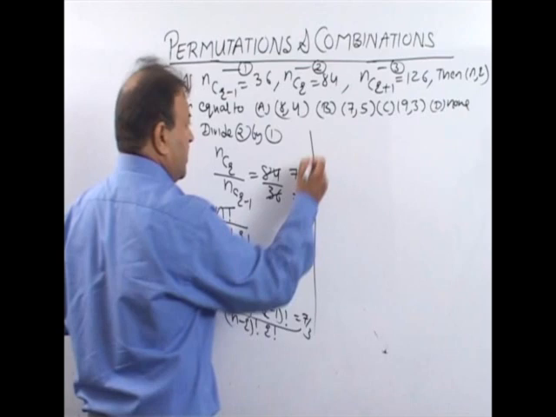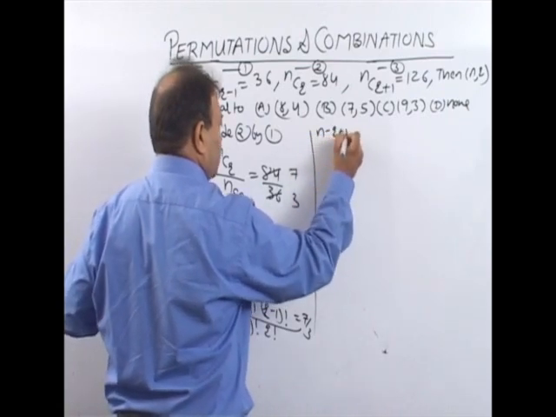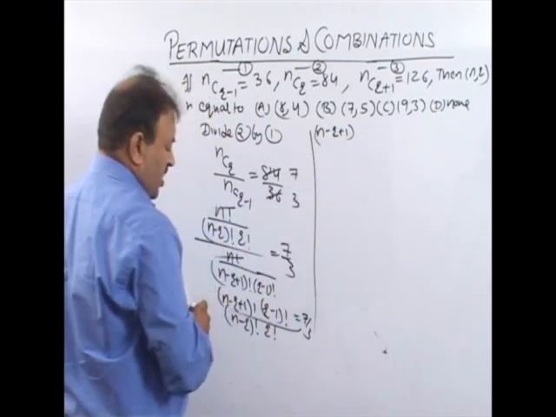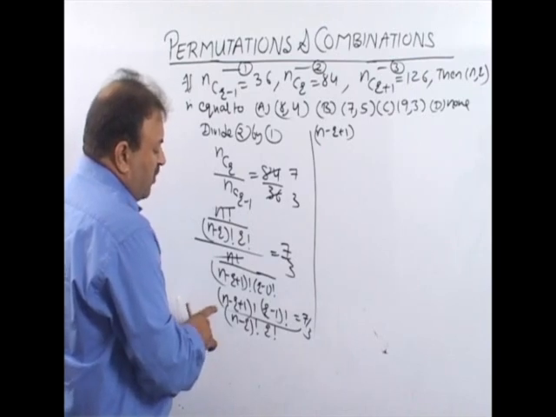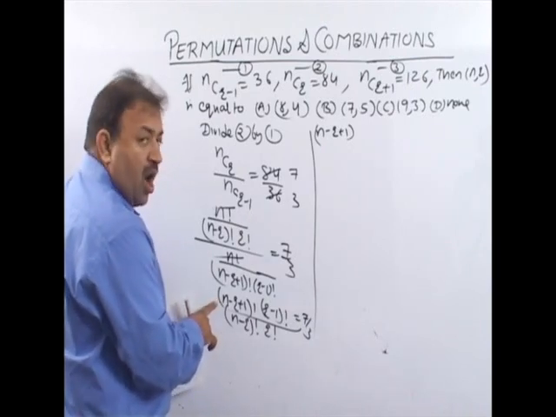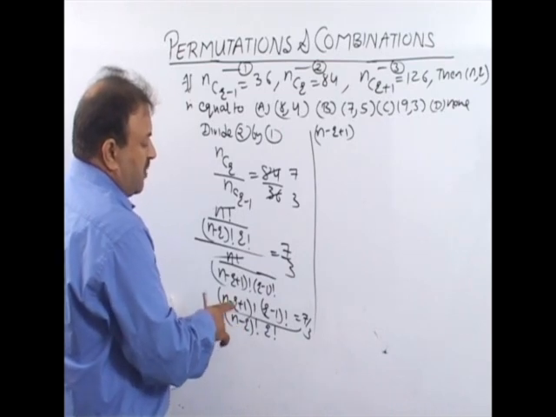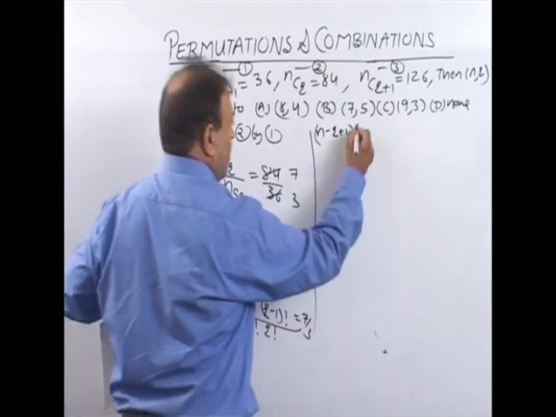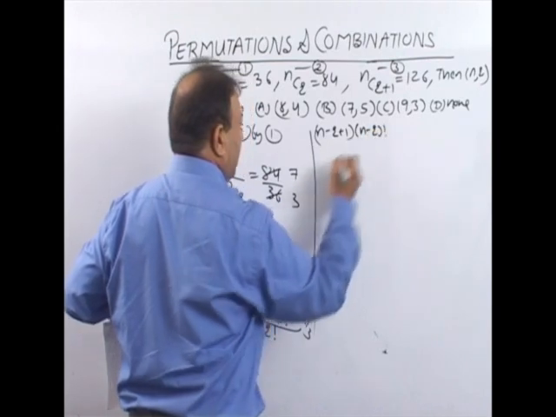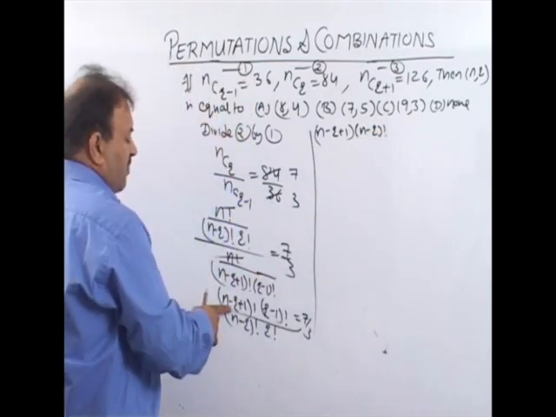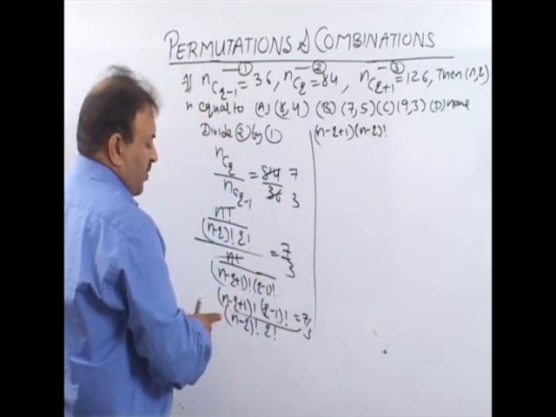Then we just change it, n minus r plus 1. हम expand करते हैं, we just look upon which is the greatest one. Out of n minus r plus 1 and n minus r, n minus r plus 1 is the greatest one. It can be written like this, n minus r plus 1 into n minus r factorial.